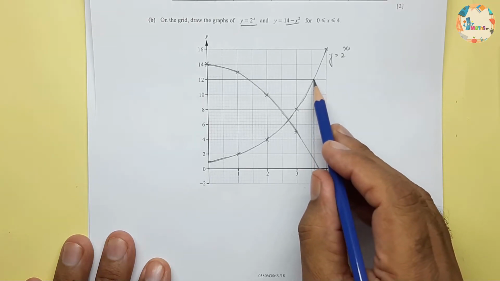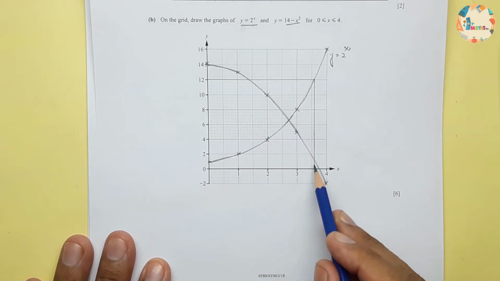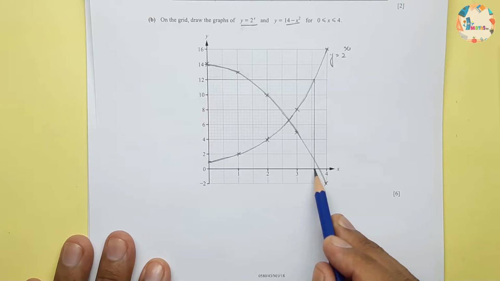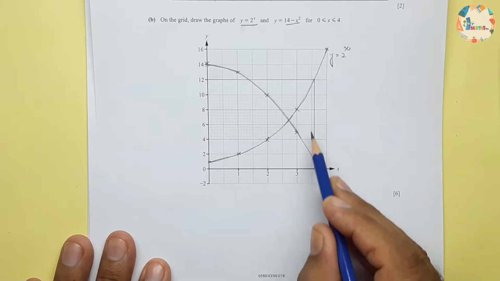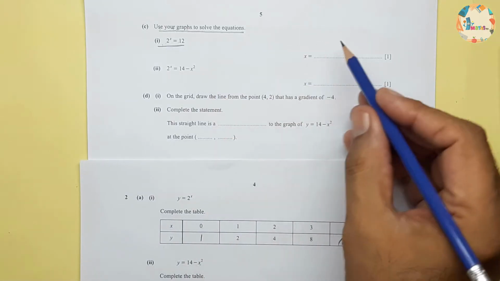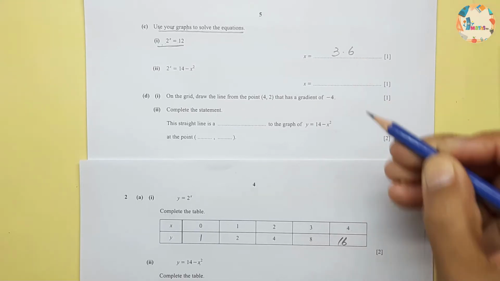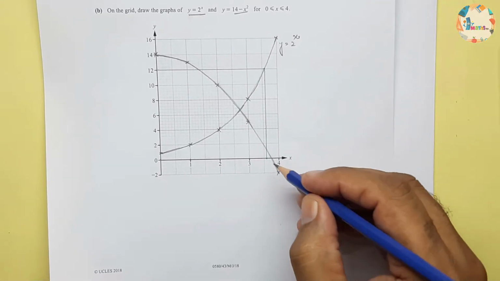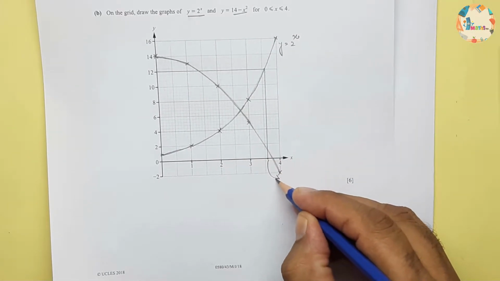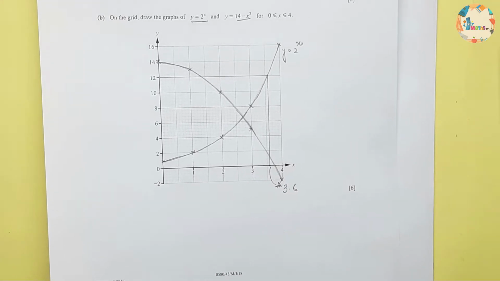So for this value, which is 12, we will be having the x value as 3.6. So this is what they are looking for in this question. So our answer will be 3.6, which they are looking for.